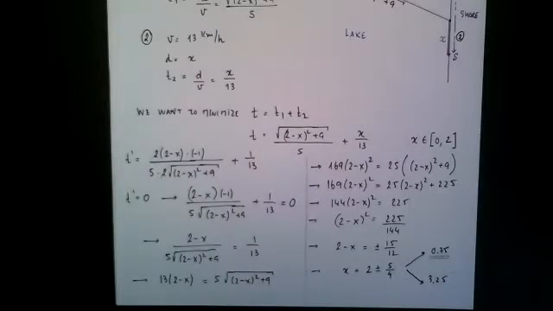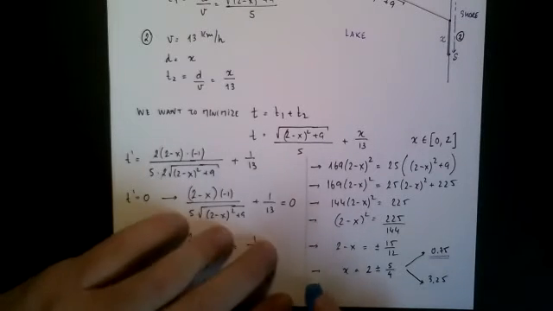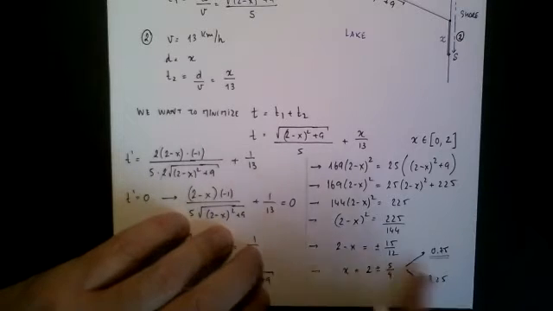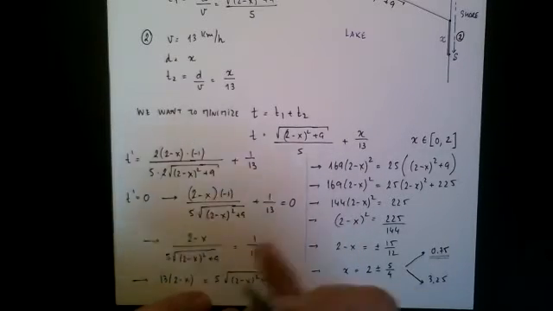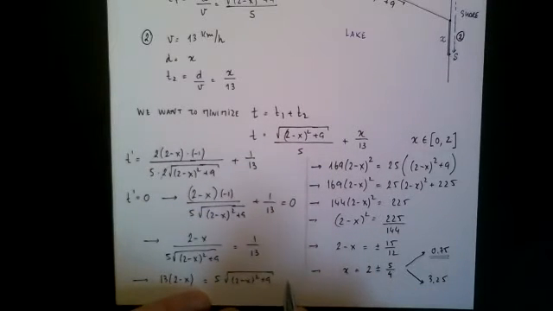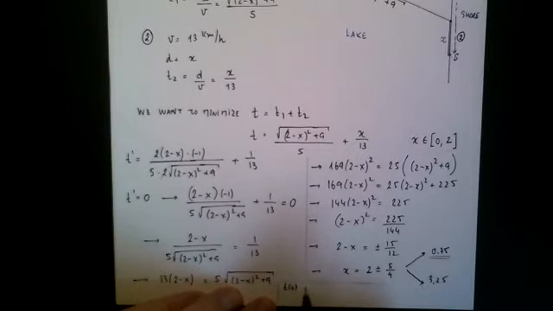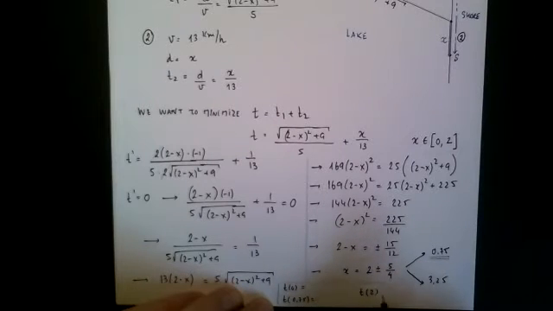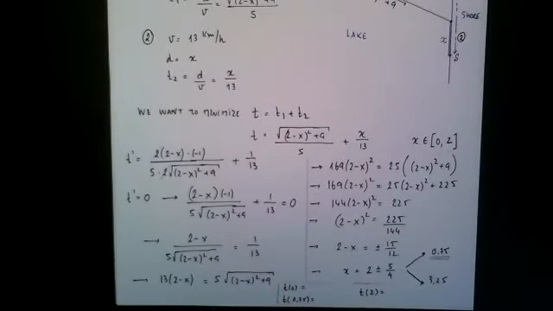And I just need now to verify if it's a maximum or a minimum. I'm going to do it down here. So T of 0, T of 0.75, and then I'm going to do T of 2. Okay, you with me?